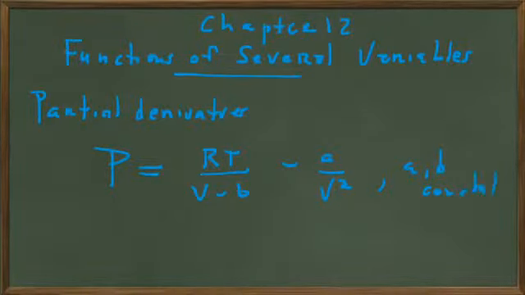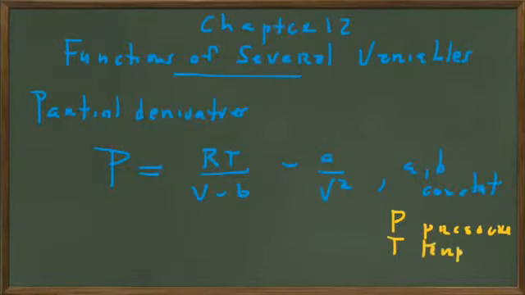The lowercase a and b are constants, and p is pressure, t is temperature, and v is volume, and also the r here is a universal gas constant.